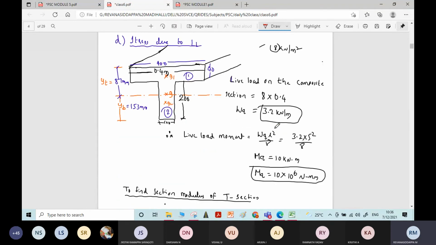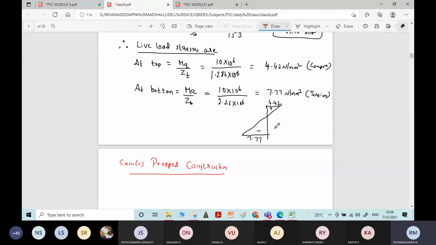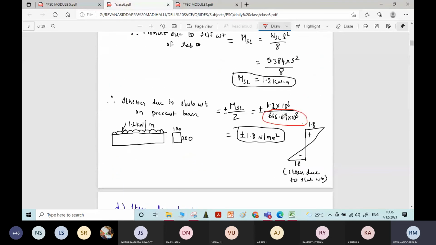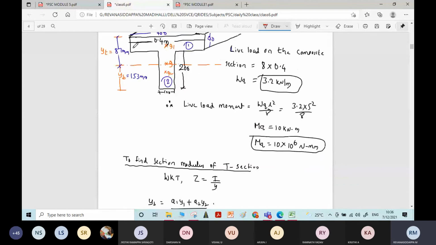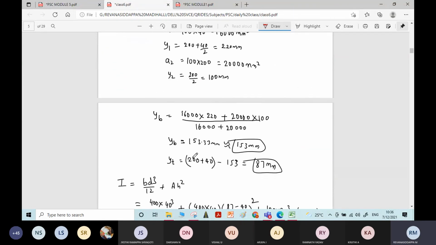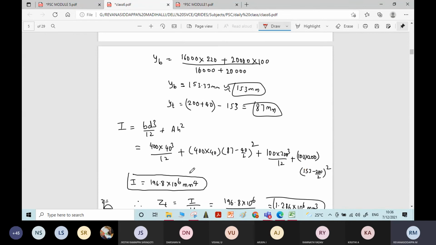But for proper construction, we have to take section modulus of the whole T section. ZT and ZB are there, no? That we have to take.